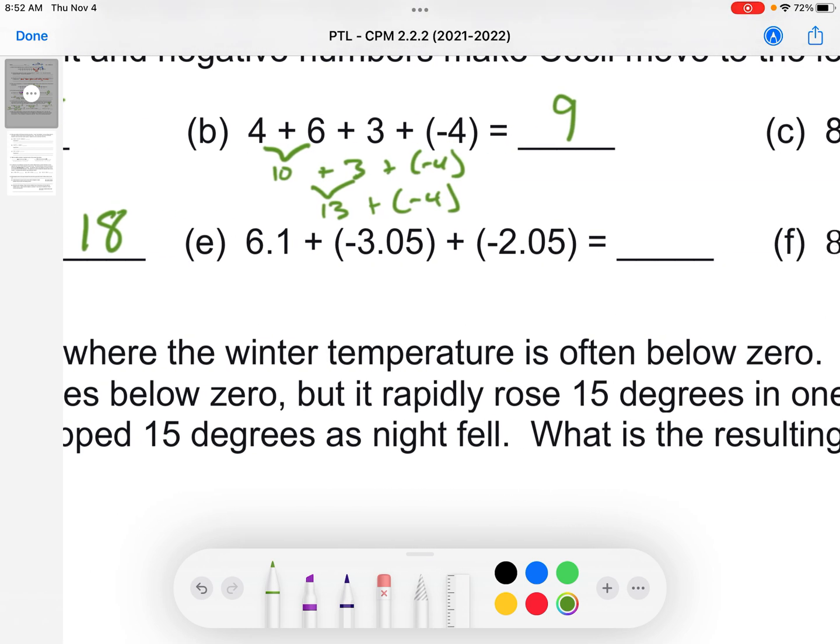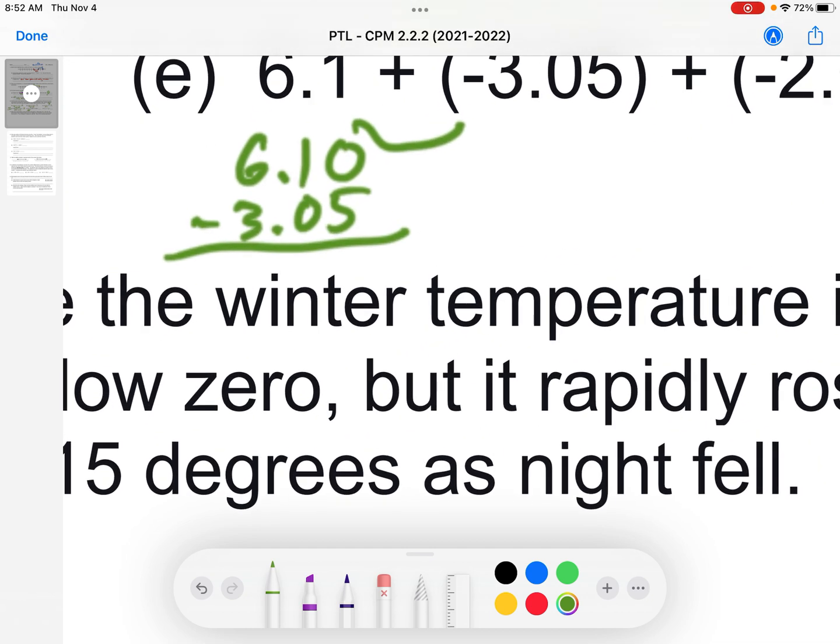Over here, we have 6.1, and we're going to move 3.05 to the left, right? So that's like taking 6.1 and subtracting 3.05. Ooh, I'll slip a 0 in there right away. Now, what I'm looking at is I notice on the 10 hundredths, take away 5 hundredths is 5 hundredths.